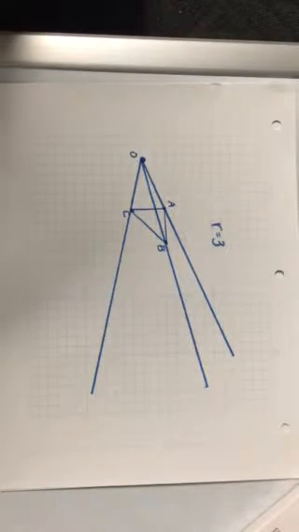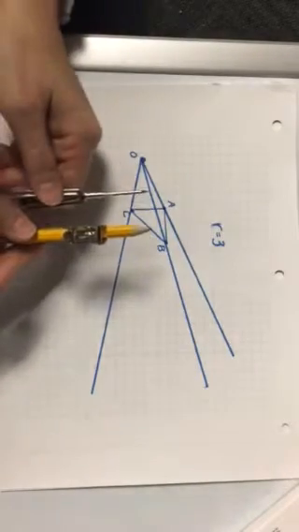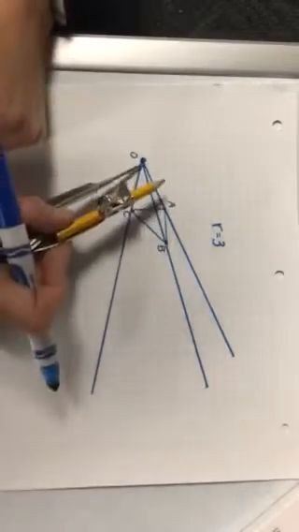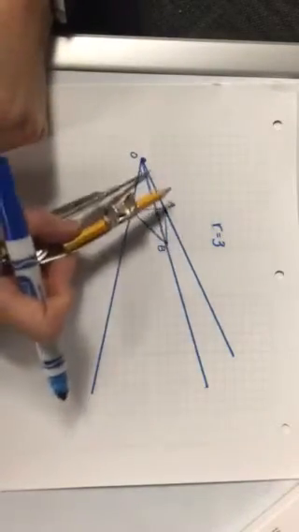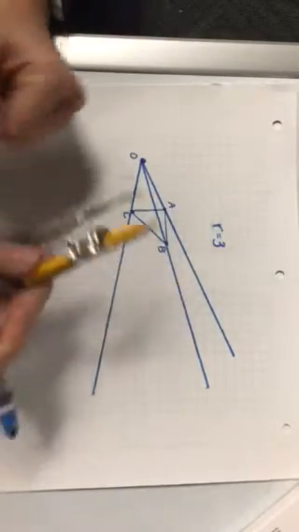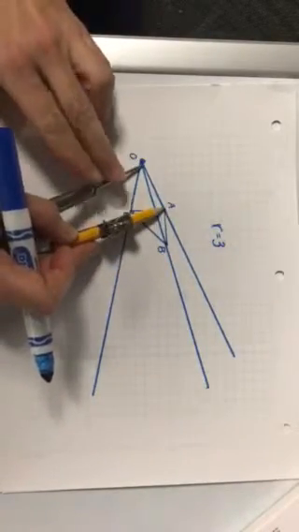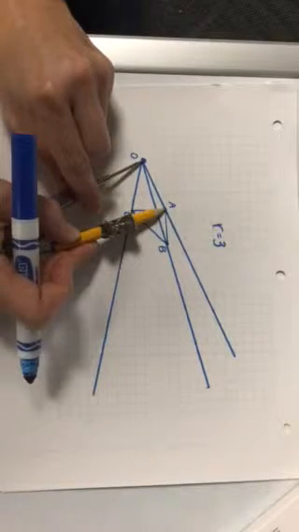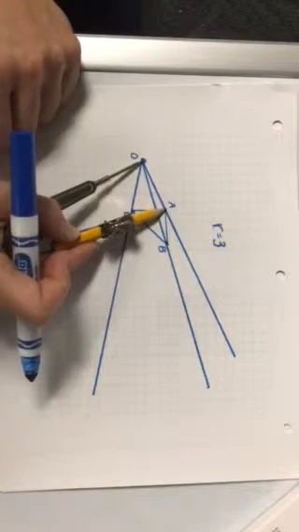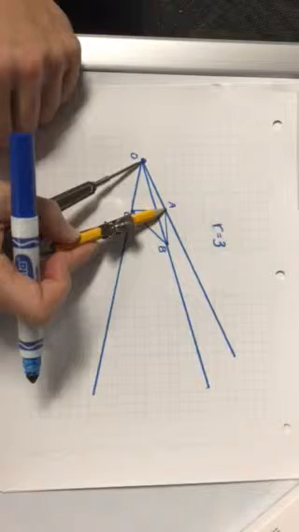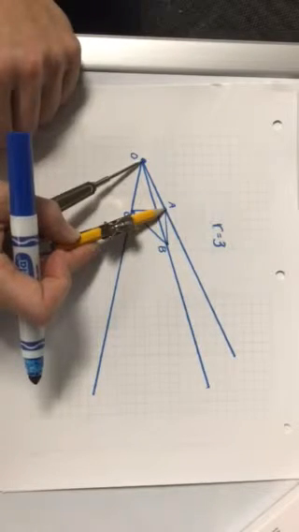Okay, so just like we did with the rays and then the line that we just did right now, you're going to take your compass and we're going to start with the ray that goes through A. It goes from O and through A. And we're going to measure that original segment right here. Okay? Just like that.